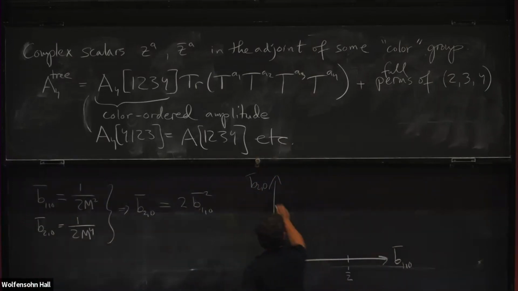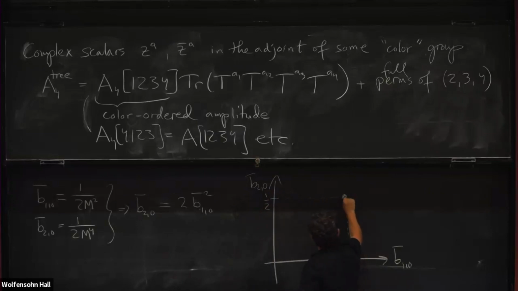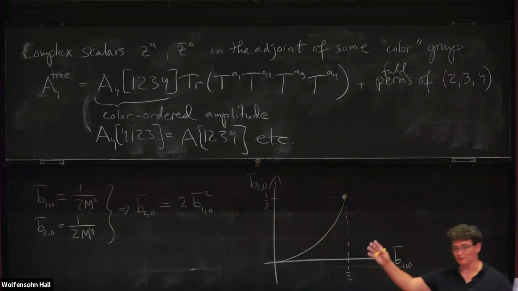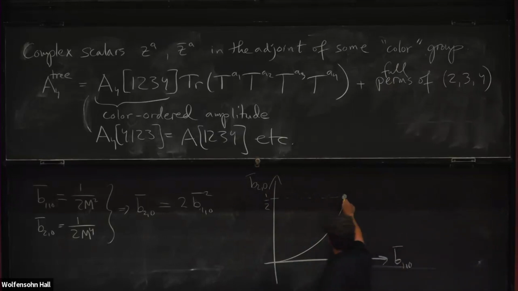So let's put 1/2 in. It's there. And if I take m to 1, then I'll be up here. And I'll have this quadratic curve coming up between them. That is allowed, ruled in. And just like before, I can take linear combinations of these theories, and I can fill out the convex hull of all these points that were allowed. And now this wedge here is my allowed region.